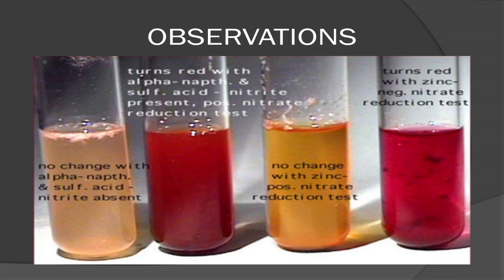If the test gives no color change, then to confirm whether the nitrate is being reduced beyond nitrite, zinc dust is added. On addition of zinc dust, if there is no change, then it is interpreted as a positive nitrate reduction test. If it turns red with the addition of zinc dust, then it is interpreted as a negative nitrate reduction test.